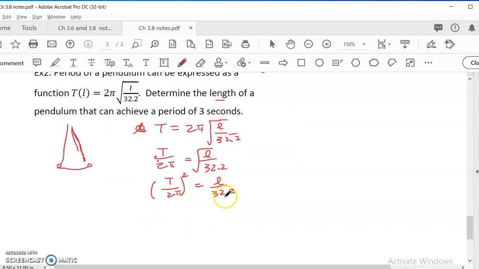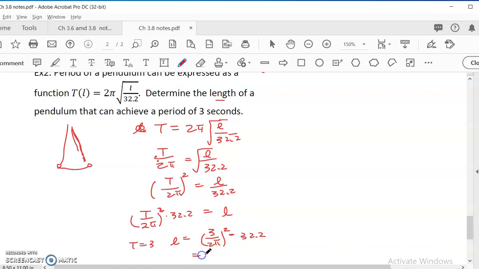And then how do I get rid of the 32.2? I multiply it. So basically T over 2 pi, square it, and then times 32.2, you get the length. So this is the length formula that you can calculate if you know T. So when T is 3, the period is 3, then L would equal 3 over 2 pi, squared, times 32.2.